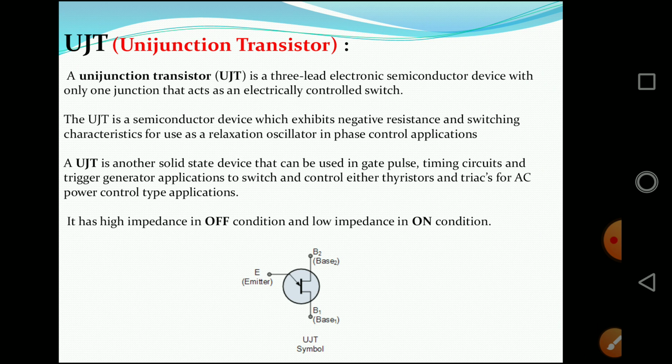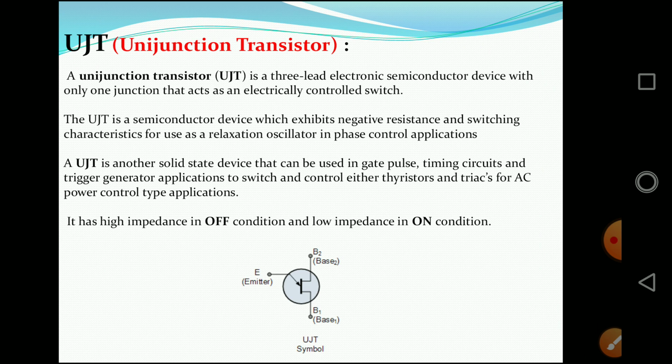Basically, the UJT, that is the uni-junction transistor, is a 3-lead electronic semiconductor device with only one junction, which acts as an electrically controlled switch. So the basic application of UJT is that it can be used as an electrical switch.